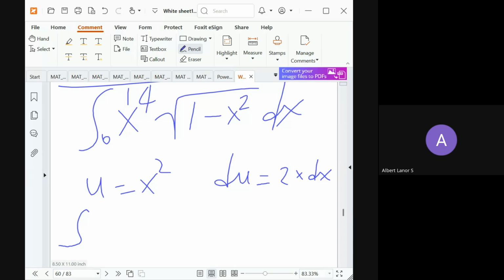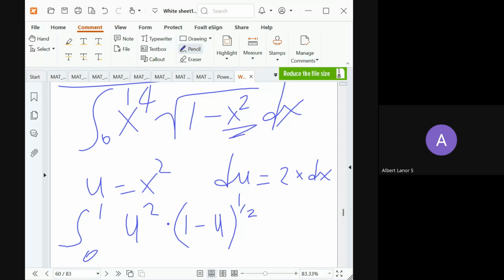But if x is 0, then you have 0. If x is 1, it will still be 1. Then x to the power 4 is u squared, times 1 minus u to the power half, since x squared is u. Now what is the dx?